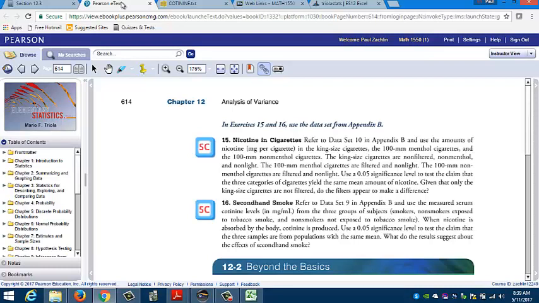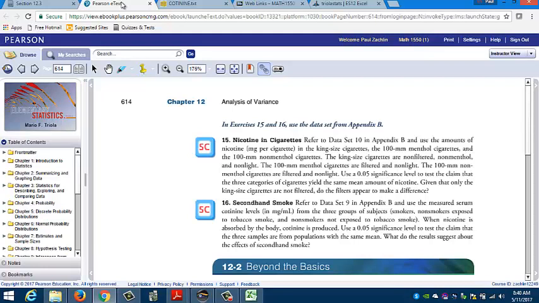Now, isn't it true that secondhand smoke was really only one of the three columns? I mean, maybe that mean is the same as one of the other two. I don't know. This is a three-way comparison, right? We're asking, are all three means the same? That we say no. So you might have to do a little further analysis to figure out exactly what.